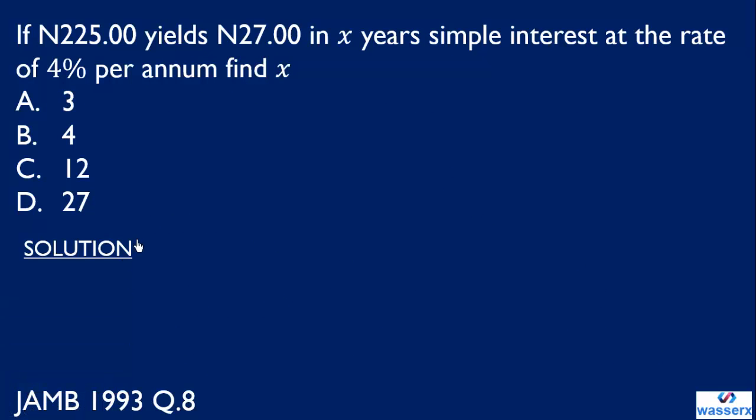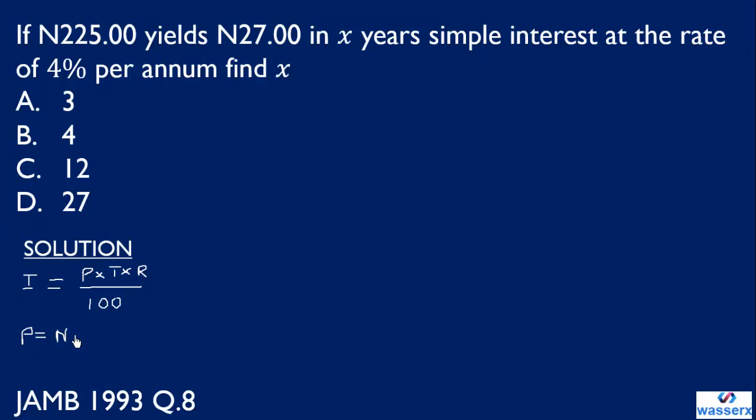So we have this and we are calculating the value of X. So 225 yields 27 in X years at a rate of 4%. So we know the simple interest formula is P times T times R over 100. So now we just sub in.